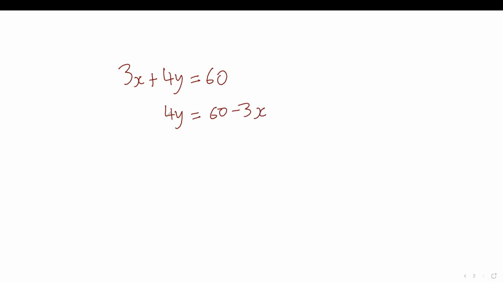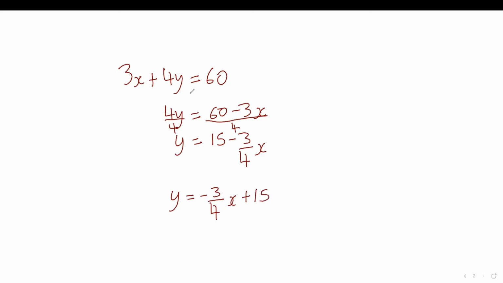And if you divide both sides by 4, Y would be 15 minus 3 over 4 times X. All we did was divide both sides by 4. And so what we end up with is Y is negative 3 over 4X plus 15.